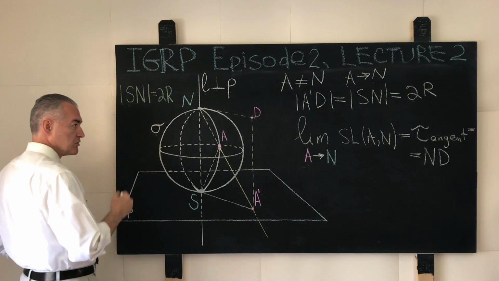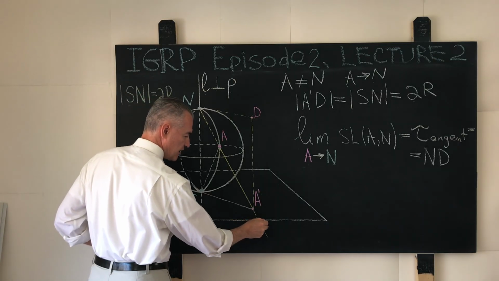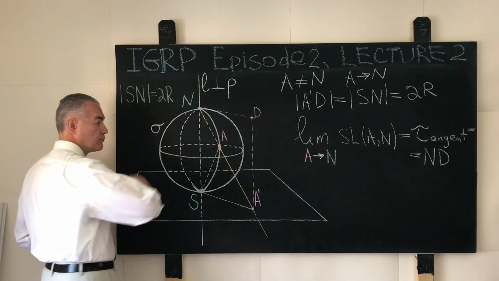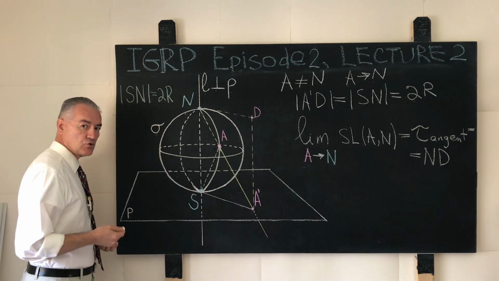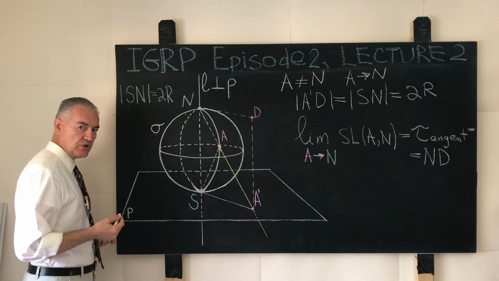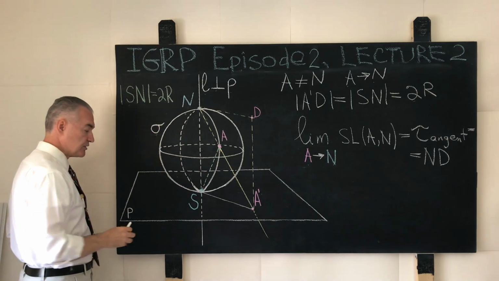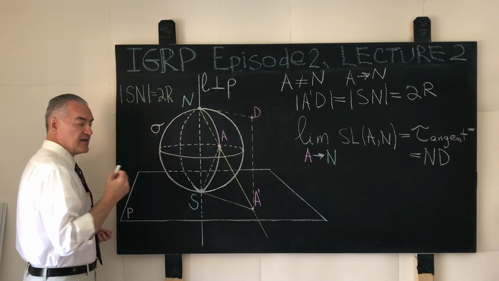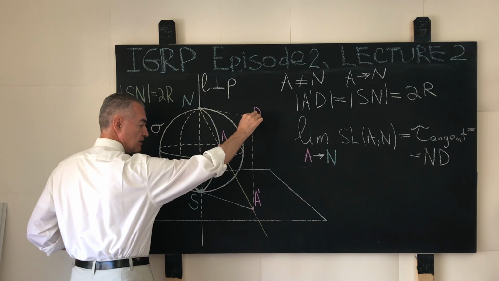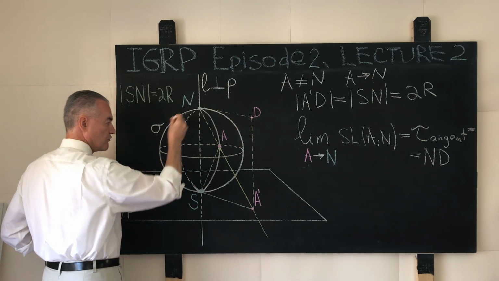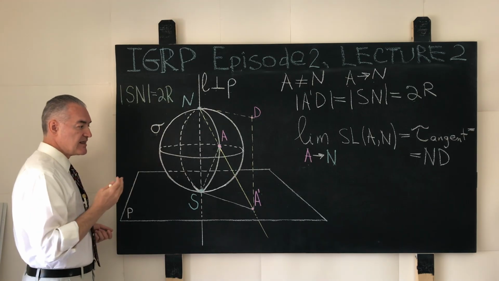But the trouble with this experiment is the following: we are not allowed to leave the confines of the plane P, precisely because the whole point of this ball on a table experiment is to produce a topological correlation, or a topological mapping, between, ideally, all the points that make up the Riemann sphere sigma and all the points that make up the plane P. That means that by jumping off that plane, splitting the point A prime into two copies and hovering above the plane P at a distance twice the radius of the Riemann sphere, we break that mapping, we break that correlation, and that is not allowed.